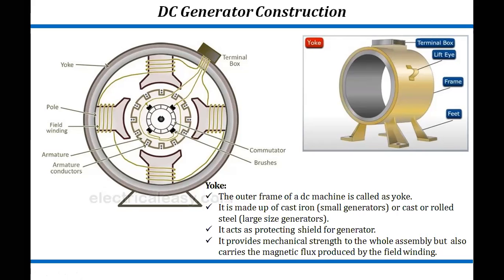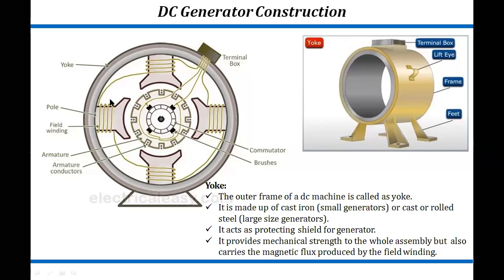So here we can use cast steel instead of cast iron. There will be questions sometimes on the numericals: why are we using cast steel instead of cast iron? So what is the reason? It produces holes in the casting.